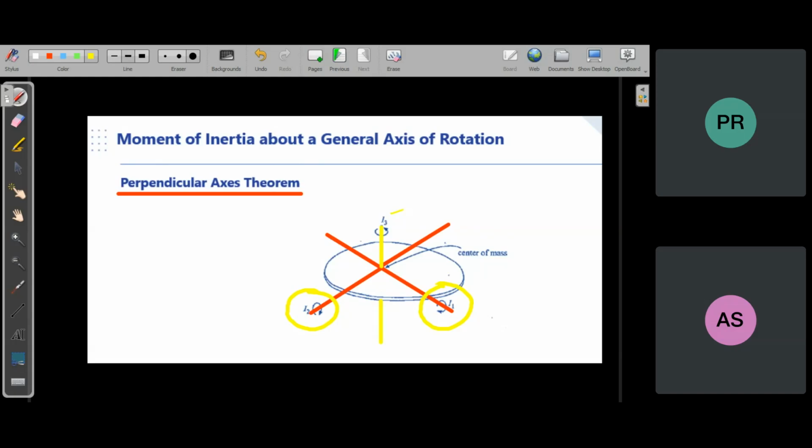So the moment of inertia about this perpendicular axis, the third axis, will be nothing but I1 plus I2.